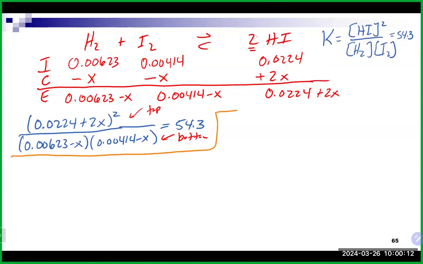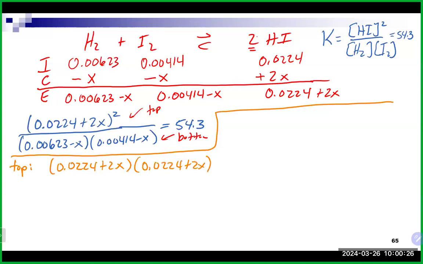So basically, that is 0.0224 plus 2x times 0.0224 plus 2x. And if we do our little factoring out there, we're going to get 0.0224 times 0.0224, which is 5.018 times 10 to the minus 4.